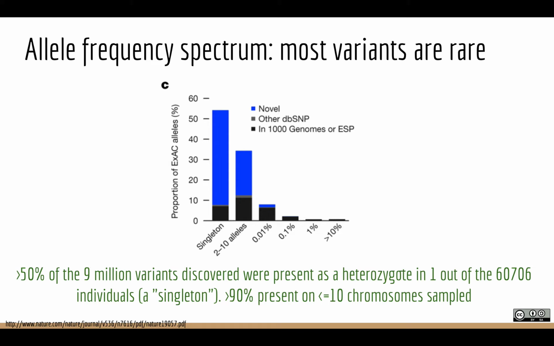But if we take a candidate variant that's observed in that kid as a heterozygote in a gene that makes sense, we can go back to this EXAC data set and ask, how common is it in the EXAC data set? If it's more common than 1 out of 1,000 chromosomes, then it's probably not a great candidate, because one of the things I didn't mention is that the individuals in the EXAC study were ostensibly healthy.